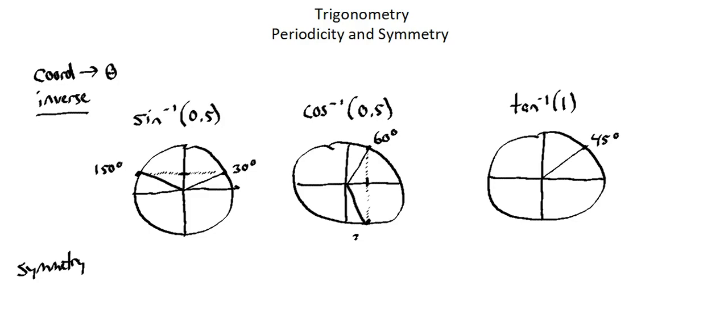That angle is 300 degrees. And for tangent, as we've already seen with our periodicity concept, exactly 180 degrees from my starting angle, which will be 225 degrees, I have the same tangent value as I do at 45 degrees. So these three observations all relate to the concept of symmetry.